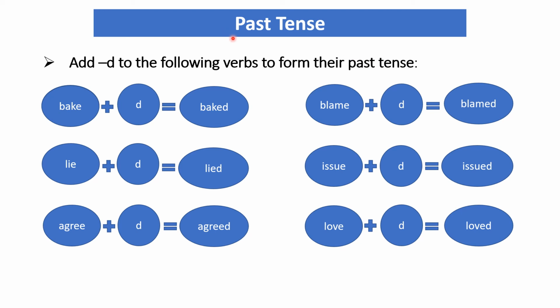Again here we have another rule to change the verb into past tense. Add d to the following verbs to form their past tense, as you can see here. When there is a verb which already ends with an e. Now can you see? Bake, B-A-K-E. The last letter is E, so there is no need to add another E to it, but we only add the letter D and it becomes the past tense baked.